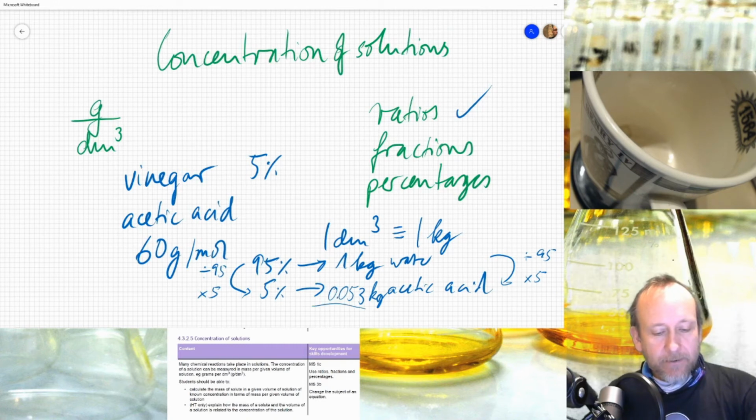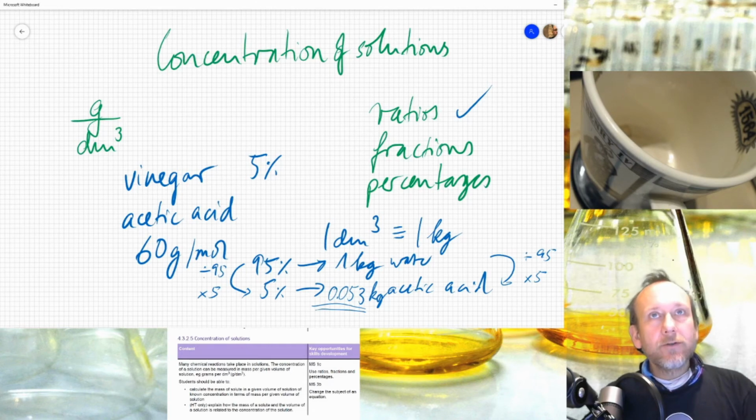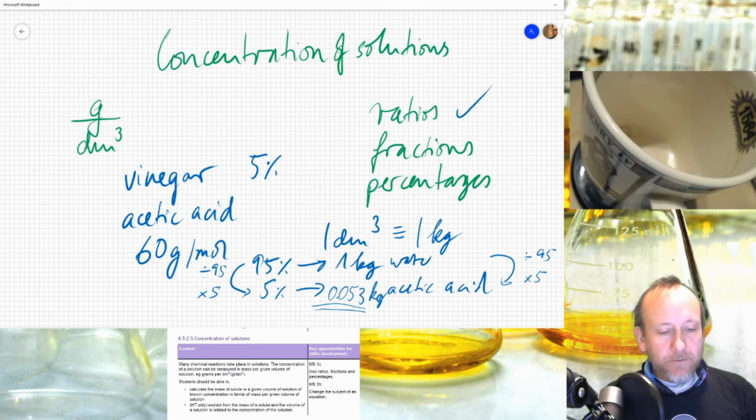What you're assuming here is you take these 53 grams and you put them in the water. What happens to the 53 grams, and what happens to the water? Well, the acetic acid will dissolve, it will disappear from view. It's a white powder that will become transparent in the solution, while at the same time the volume of the water won't change very much. So it'll still be a liter.